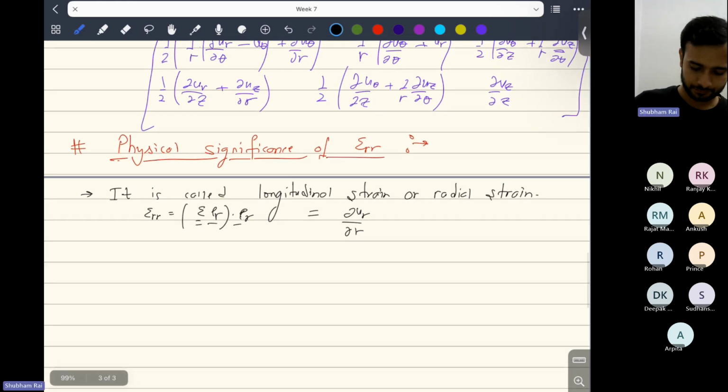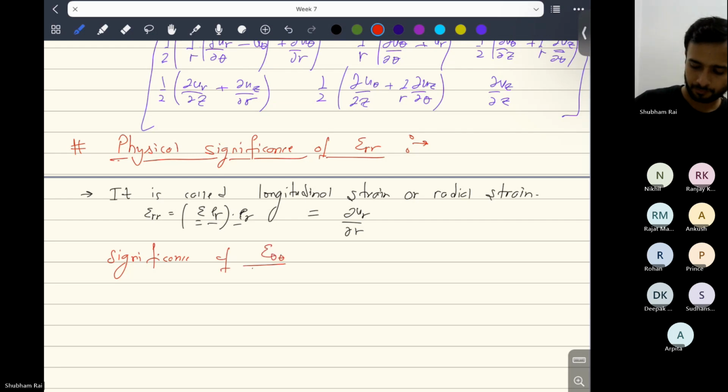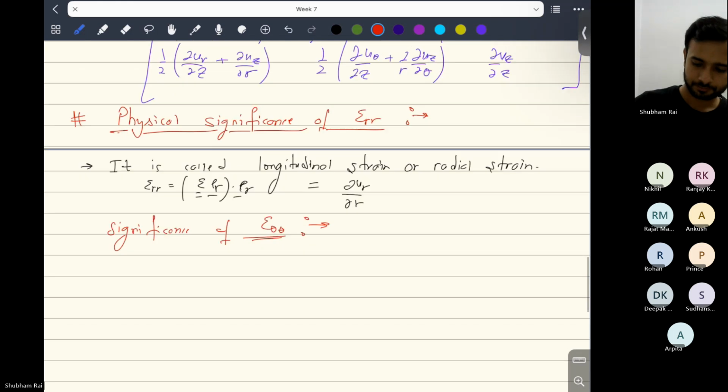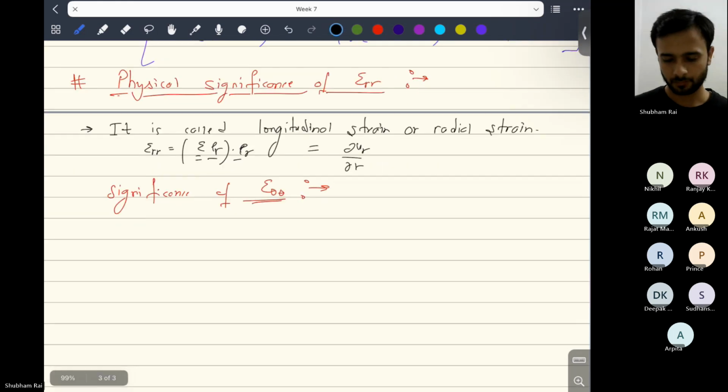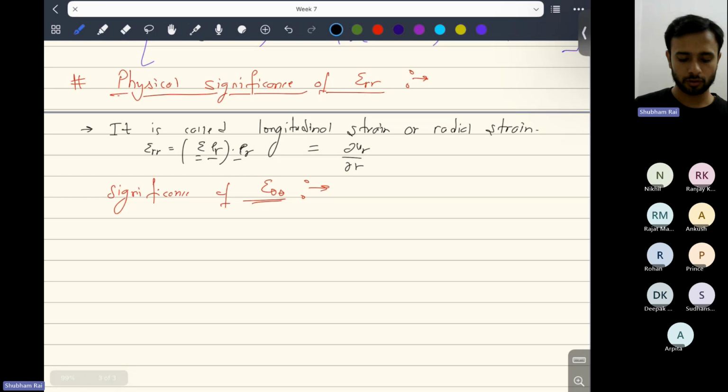Now you have the significance of epsilon theta theta. This strain is also called hoop strain or circumferential strain. So in a cylinder, let's say you are inflating some cylinder. When you are inflating, its circumference will increase.